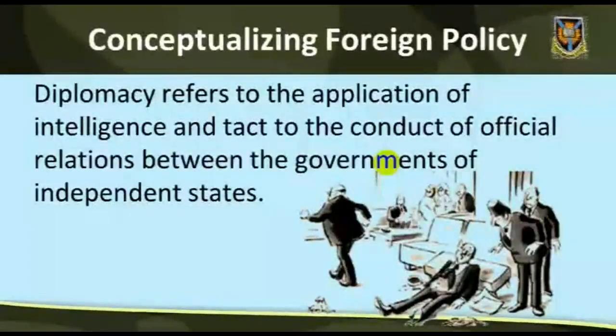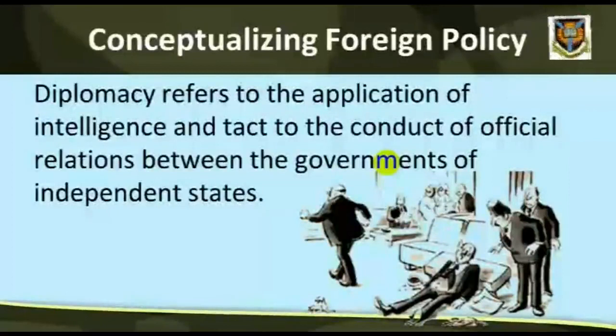In this context, diplomacy refers to the application of intelligence and tact to the conduct of official relations between the governments of independent states. It is not the same as foreign policy.